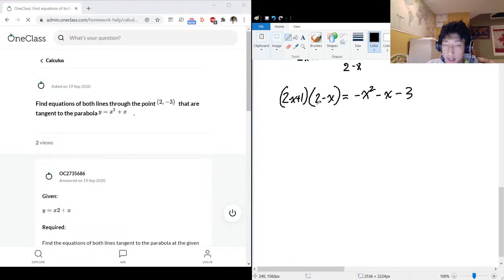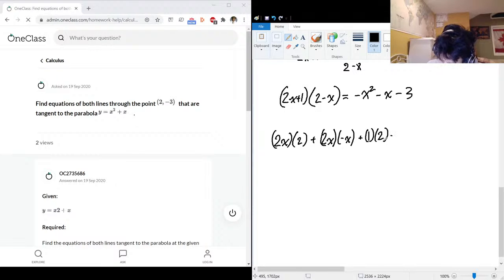Okay, cool. Now let's expand out the left side. So we have 2x times 2, and we've got 2x times minus x. Then we've got plus 1 times 2, and then plus 1 times minus x.